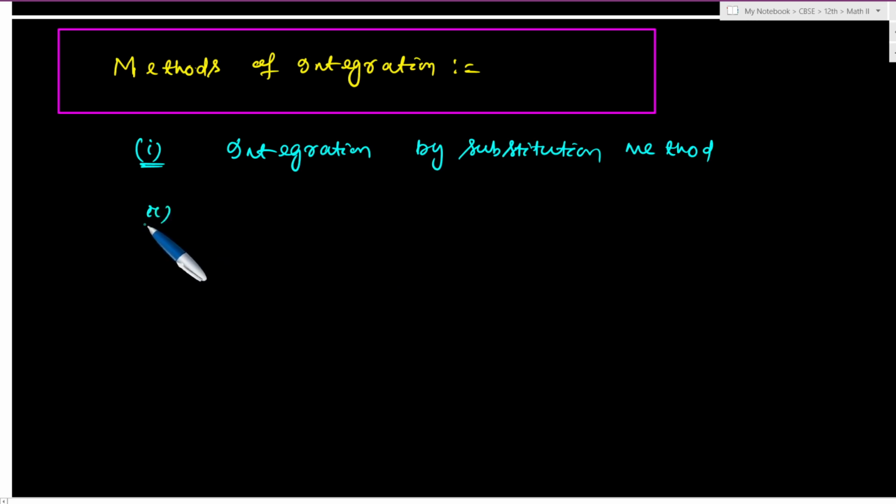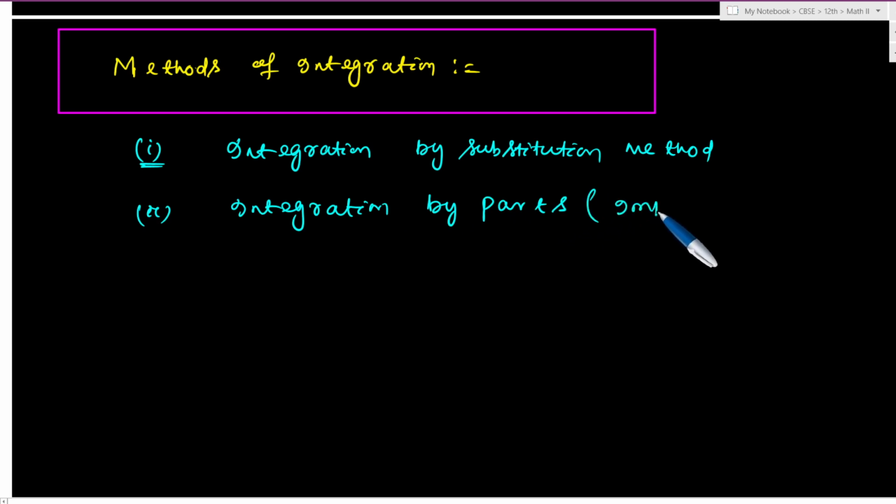Second is integration by parts. This is very important. And third is integration of a rational algebraic function by using partial fraction.